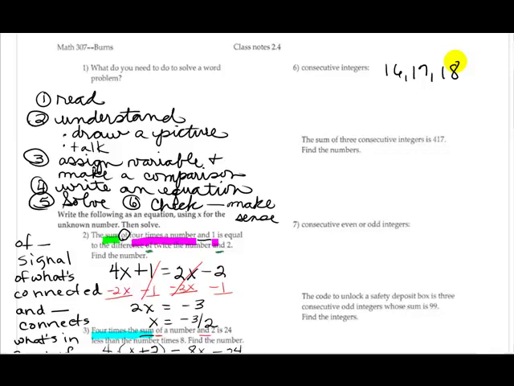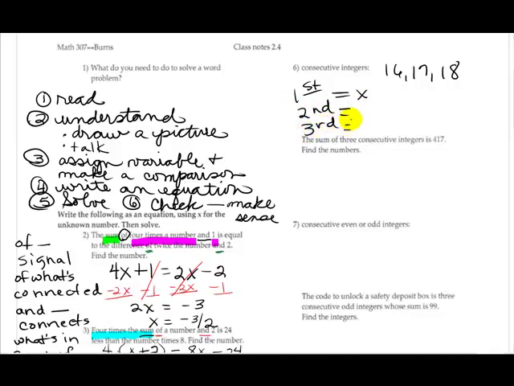And so if I say that 16 is x, and so let me say, I'm going to say this is the first, and the first is going to equal x. Then we have the second and the third.